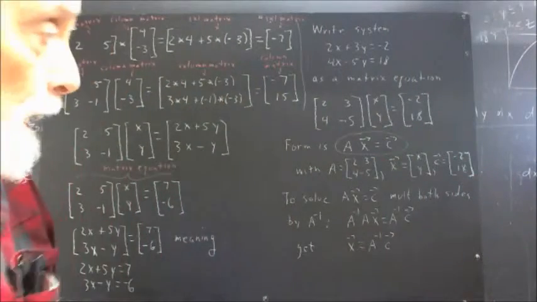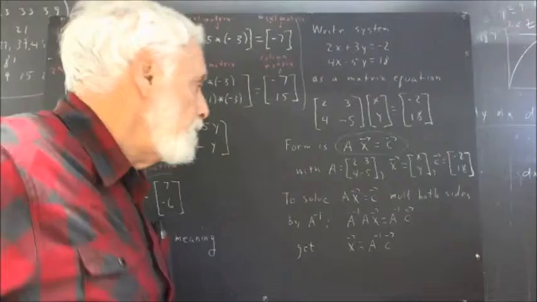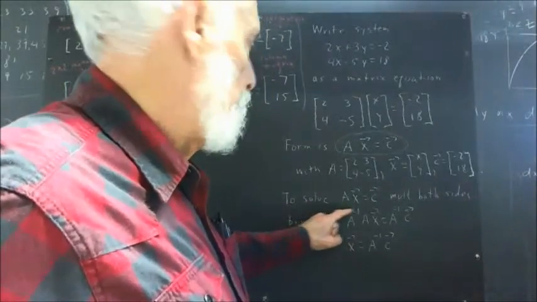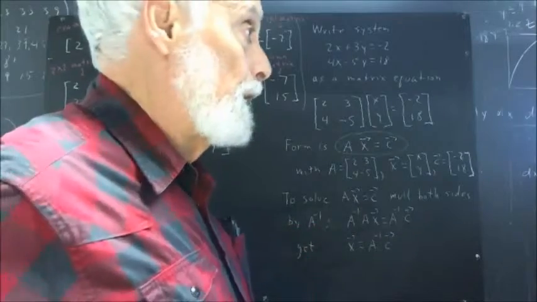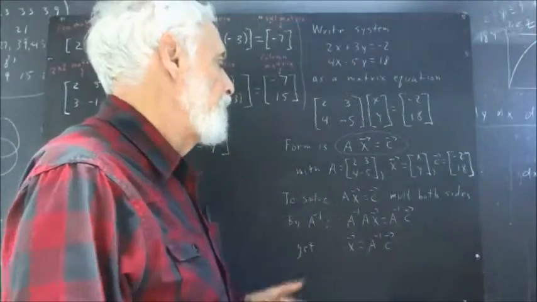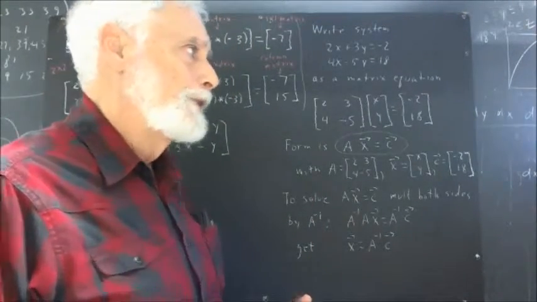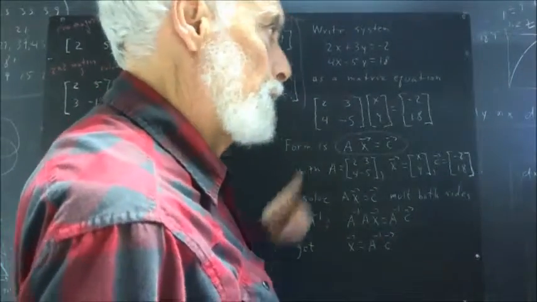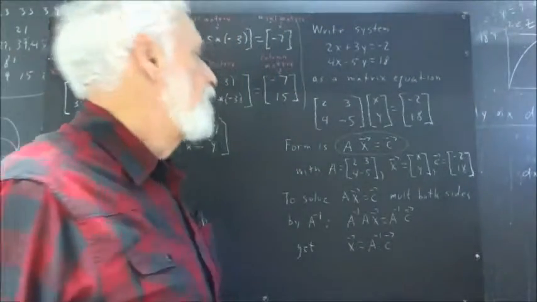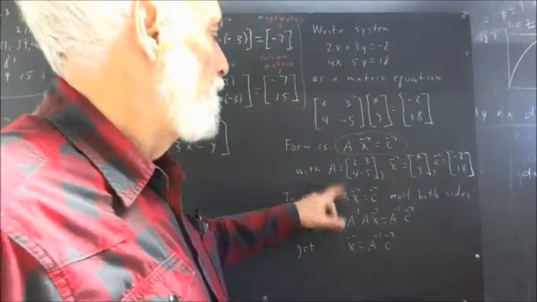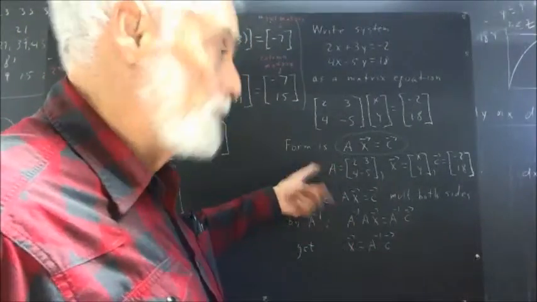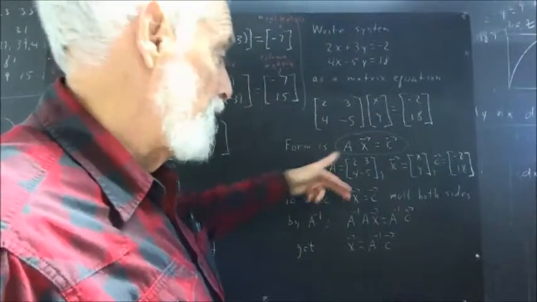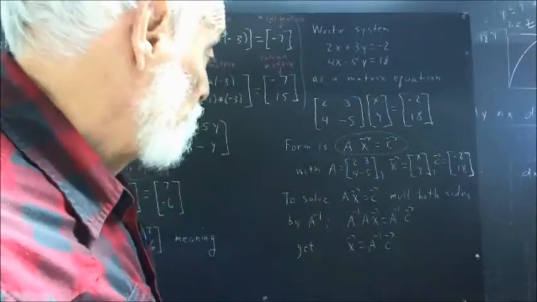Okay. Now, how do we solve an equation like AX equals C? Well, you say, we divide both sides by A. Well, yeah. With matrices, we can't really divide by a matrix, but we can multiply by the inverse of a matrix. So instead of dividing by A, we multiply by A to the negative 1, which would be like a reciprocal, but A to the negative 1 isn't a reciprocal.